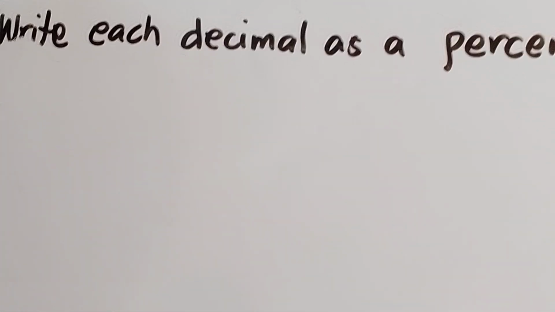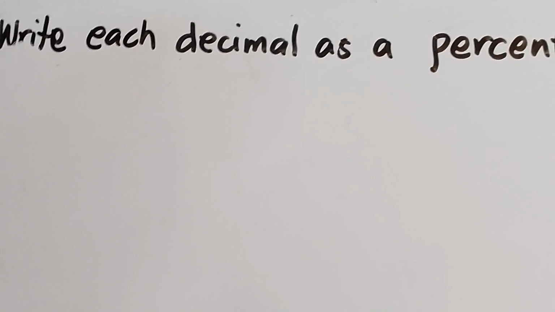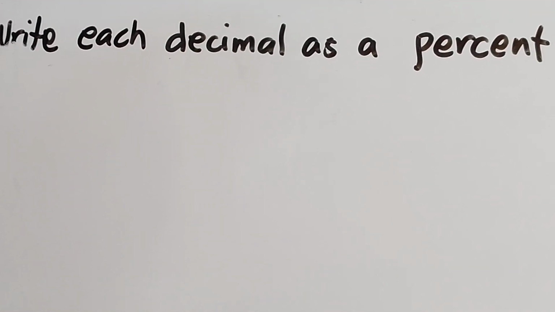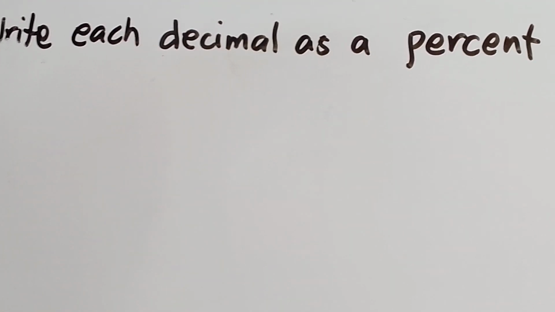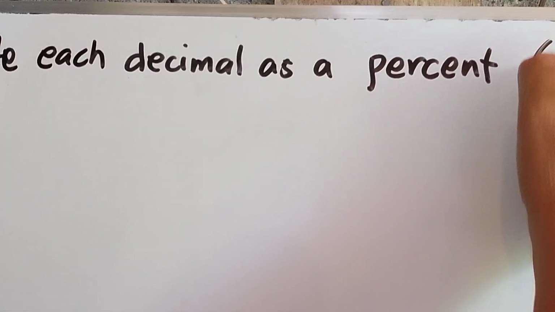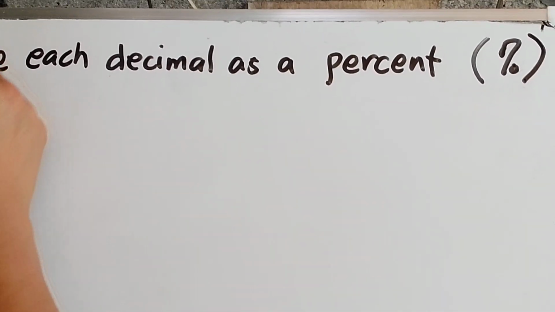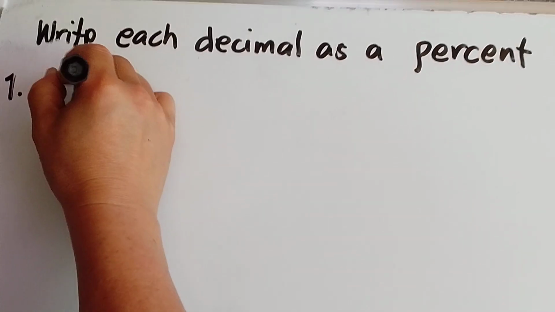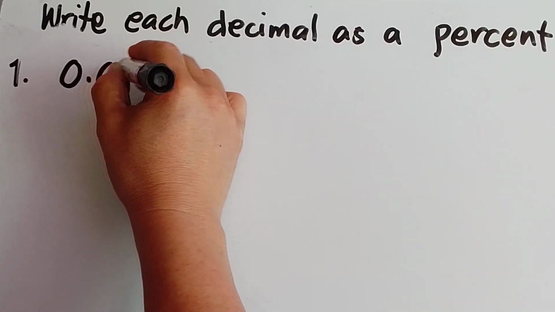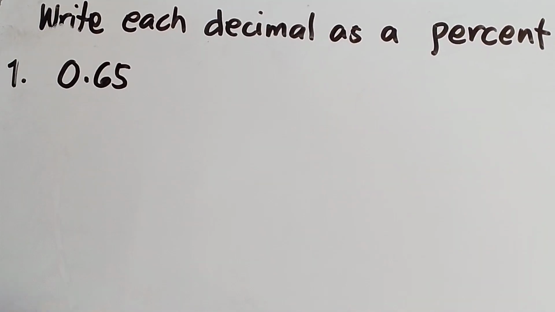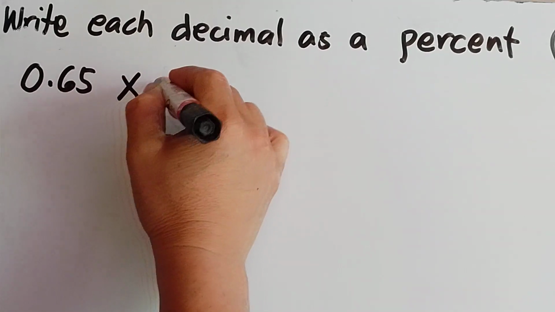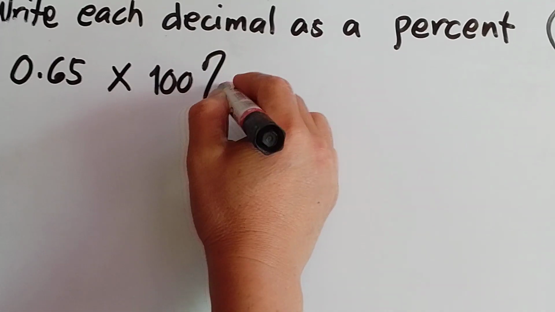This is part 2. The direction says write each decimal as percent. We know that for percent, we write the symbol. So number 1, 0.65. For number 1, we just multiply this by 100%.